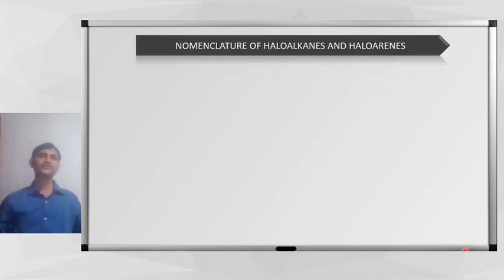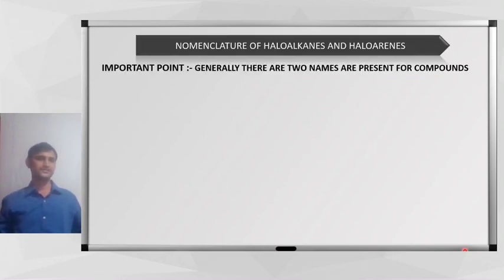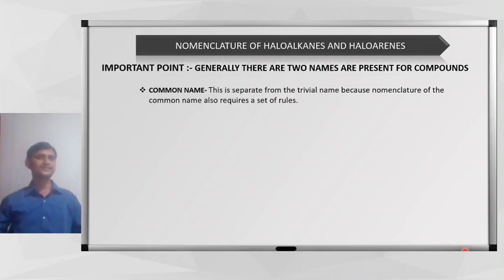Now see the nomenclature of haloalkanes and haloarenes. Now see the important point in the nomenclature. This is our last point. Generally, there are two names for any compound: the common system and the IUPAC system.